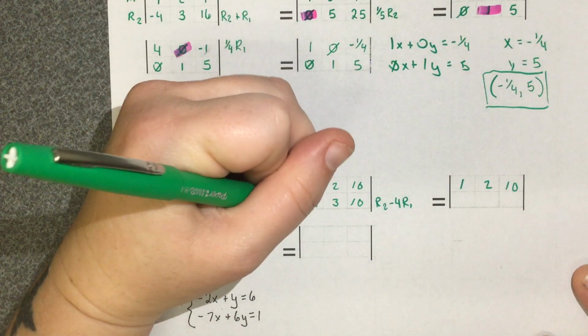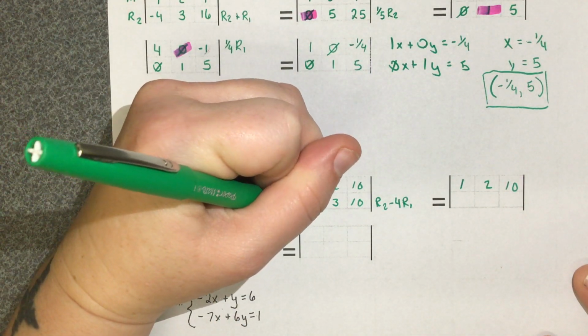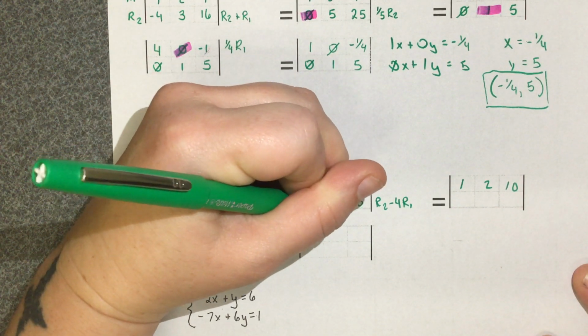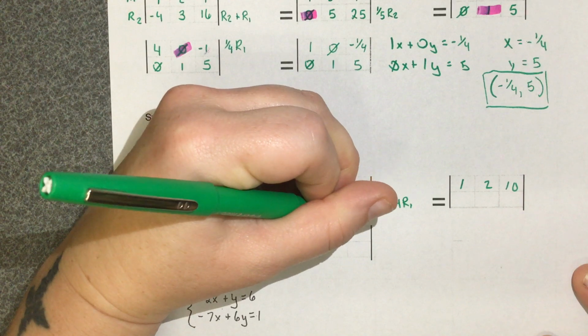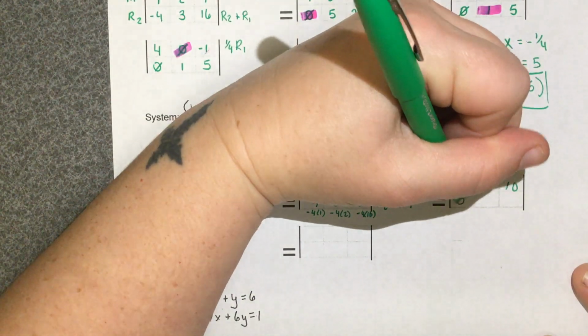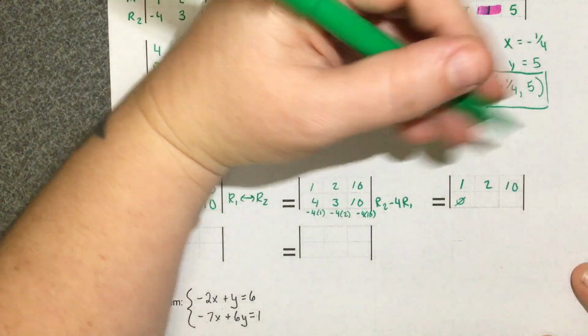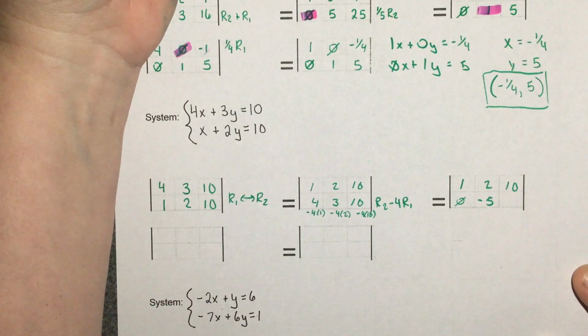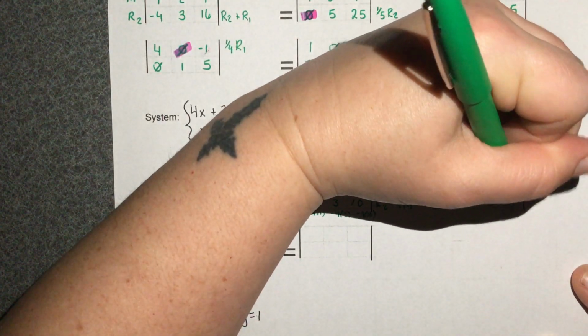But now 4 minus 4 times 1, 3 minus 4 times 2, and 10 minus 4 times 10 is what I'm doing. So I end up with 0. 3 minus 8 is negative 5. And 10 minus 40 is negative 30.